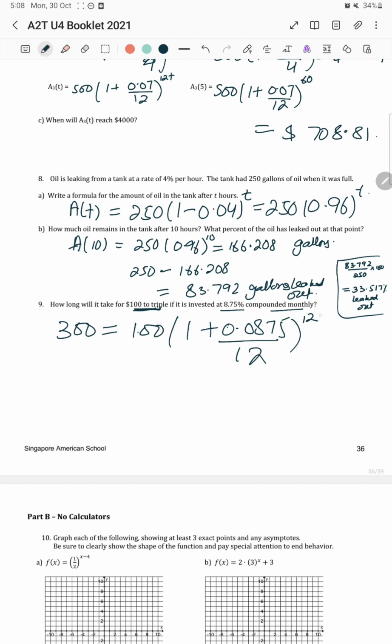Now doing all the logarithm process, we will get t is equal to 12.6 years.